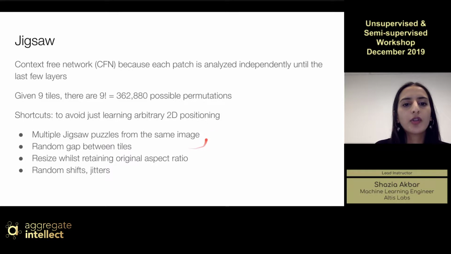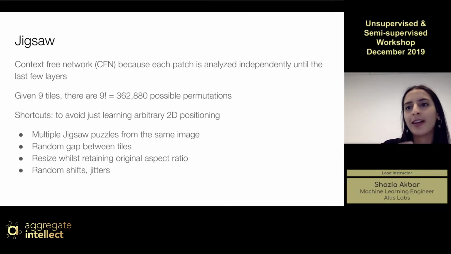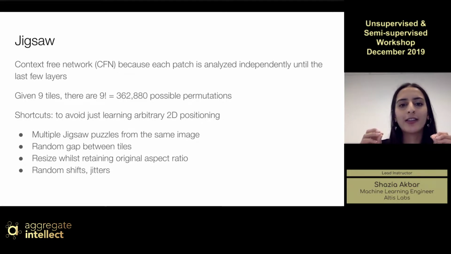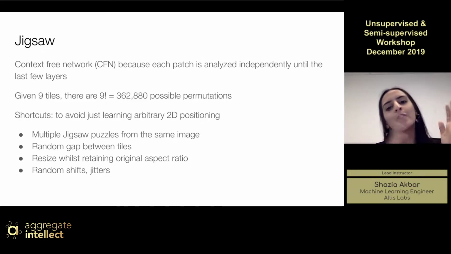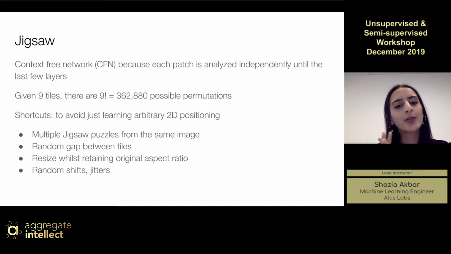So in order to avoid the jigsaw technique actually memorizing exactly where particular patches should go, and memorizing that the ears of cats are always at the top, because if a cat was lying down, obviously the ears would be somewhere else. So you want to avoid that kind of memorization of positioning.